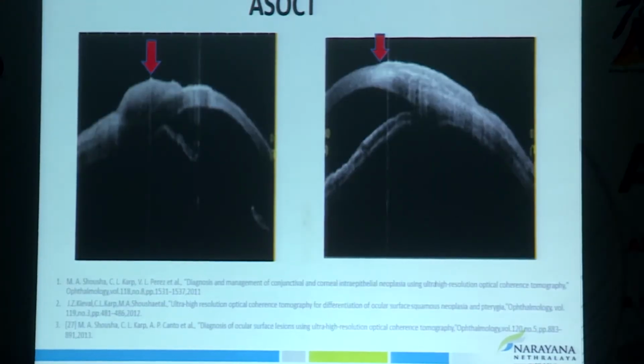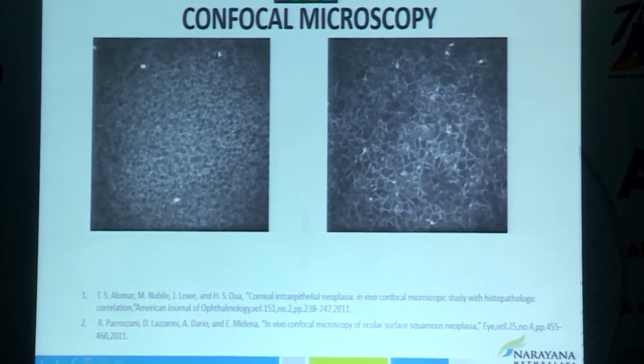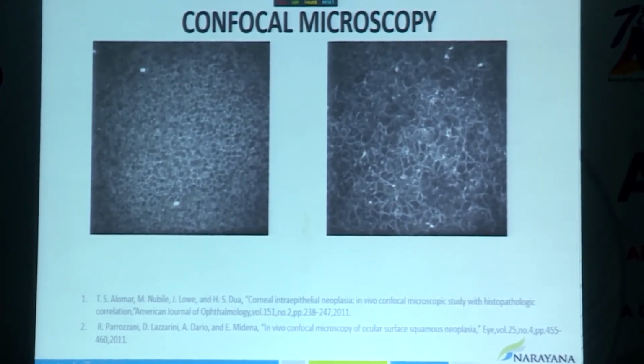The known features of OSSN on ASOCT are hyperreflective epithelium and abrupt change from the affected tissue to the non-affected tissue. The known features of OSSN on confocal microscopy are variation in cell size and starry sky appearance.